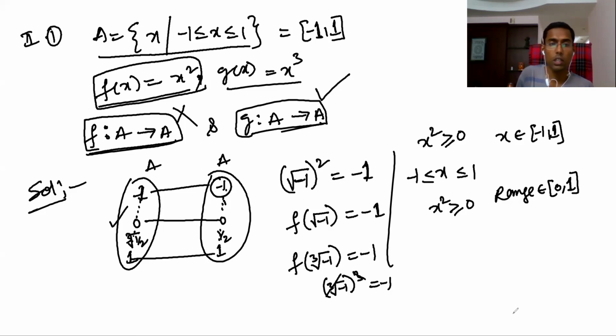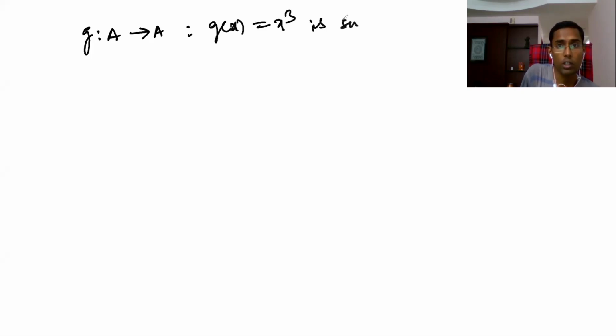Why is this a surjection? g maps A to A, defined as g of x equal to x cube. What I am saying is it is a surjection.